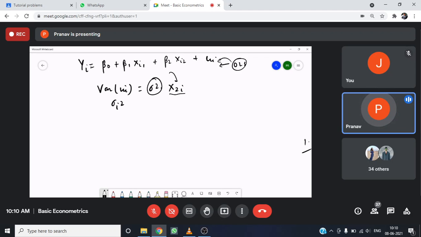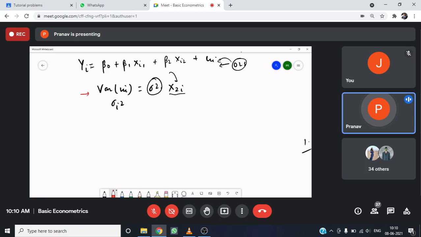That's where you have the method of weighted least squares, where instead of minimizing the sum of squared residuals, we minimize the sum of weighted squared residuals. In this case, for example, we have taken the variance of ui to be some constant proportion of the variable x2i.